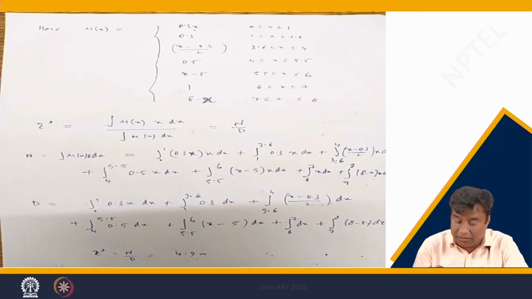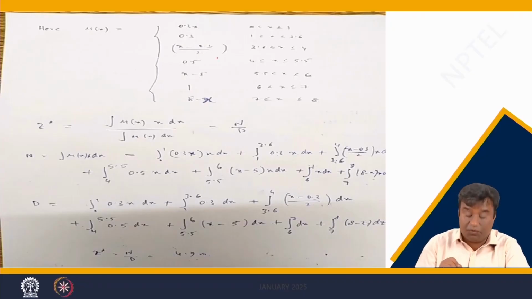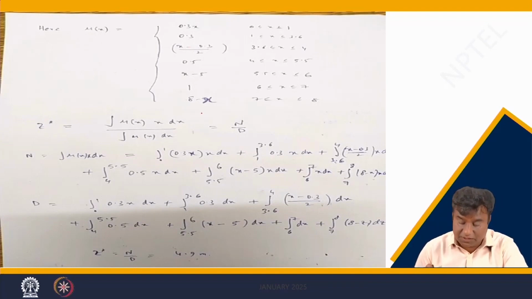From 0 to 1 it is 0.3x, from 1 to 3.6 it is 0.3, then from 3.6 to 4 it is x minus 0.3 by 2, from 4 to 5.5 it is 0.5, from 5.5 to 6 it is x minus 5, from 6 to 7 it is 1, and from 7 to 8 it is 8 minus x. You know how we obtain these equations. Similarly, with the center of gravity method, if you solve it you will get the defuzzified value of about 4.9 meters.